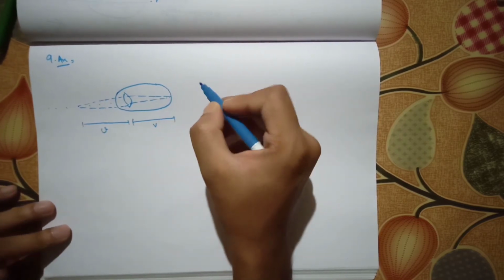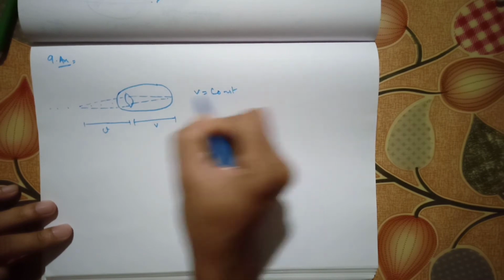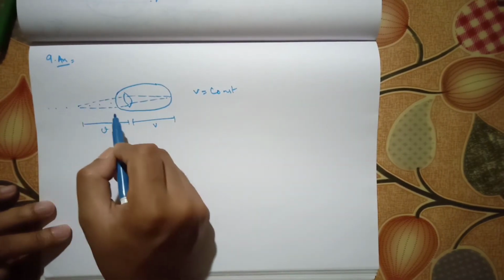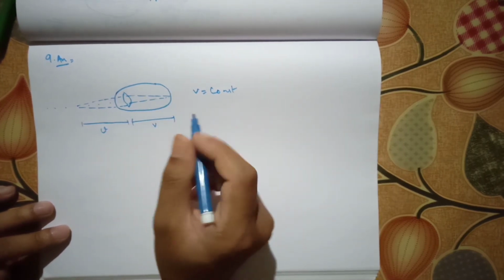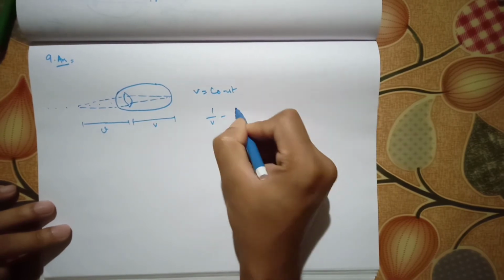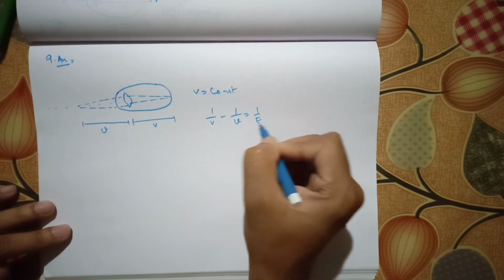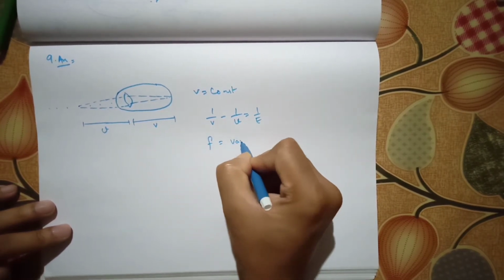So always remember, V will be constant. Why? Because no matter how much the object distance changes, the image distance will be the same. So the formula is 1 by V minus 1 by U equal to 1 by F. Now F is variable.